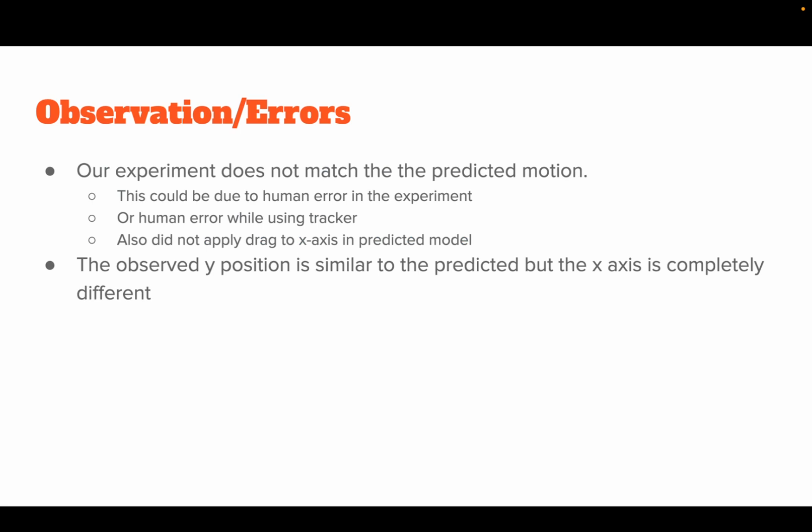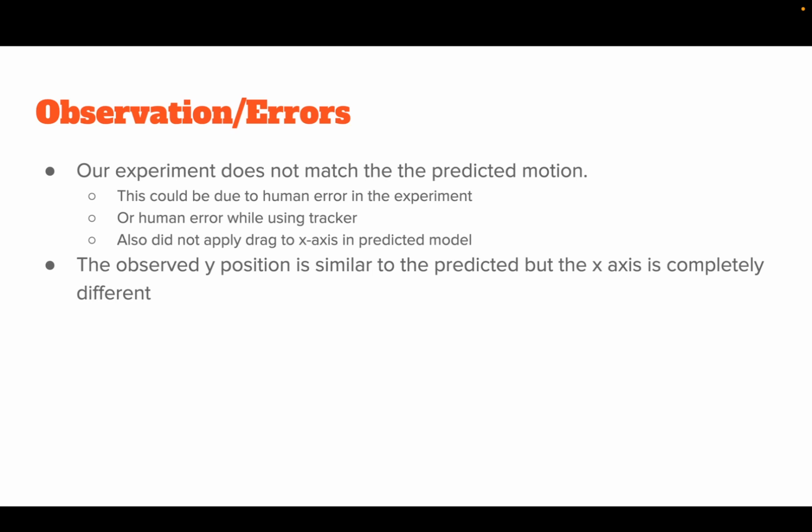I came to the observation that our experiment does not match the predicted motion. Our Y values match, but our X values do not match. And I do think this either could be a human error during the experiment, or a human error while using Tracker, or also that we did not apply drag to the x-axis. So the x-axis was not impacted by anything such as drag.